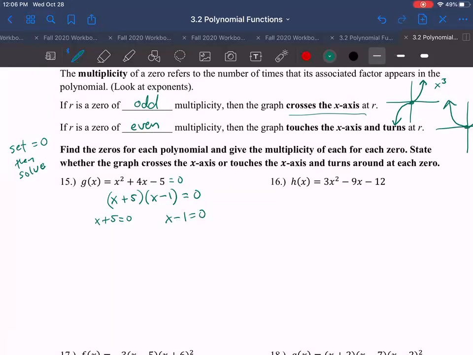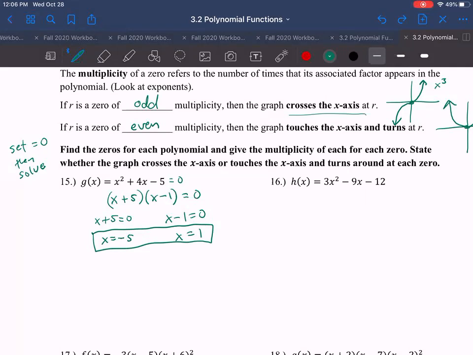If either one of those is true, then we will get a 0. So this would be x equals negative 5, and over here x equals 1. Remember, the zeros are opposite in sign to the factors. The 5 and the negative 1 are the factors, and the negative 5 and 1 are the zeros. So those are our zeros.